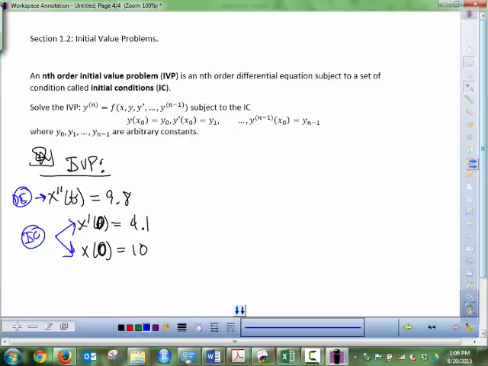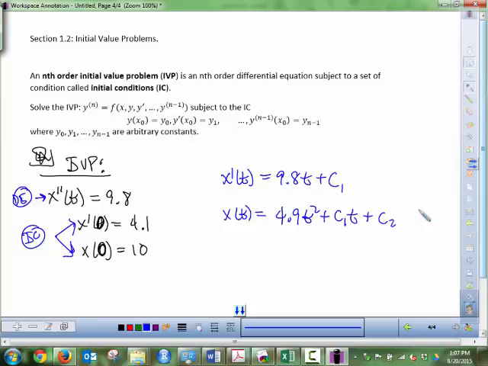So if you remember our halfway solutions that we were working on, we got x prime of t. Remember what that was? 9.8t plus, and then we called it c1, and then we had our x of t is equal to 4.9t squared plus c1 t plus c2.